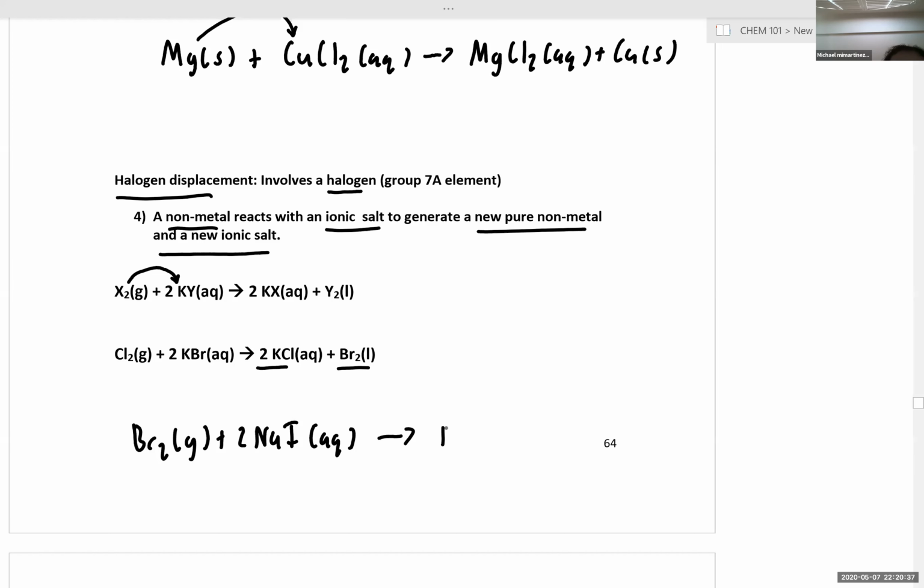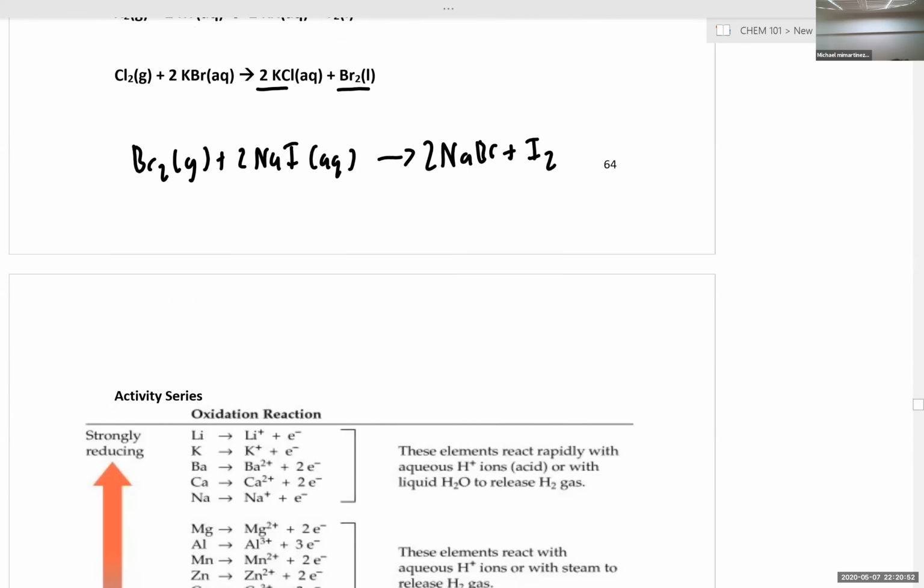Yep, sodium bromide. And our new pure element is iodine. Perfect. So displacement, we have a pure element reacting with a compound to yield a new pure element and a new compound.